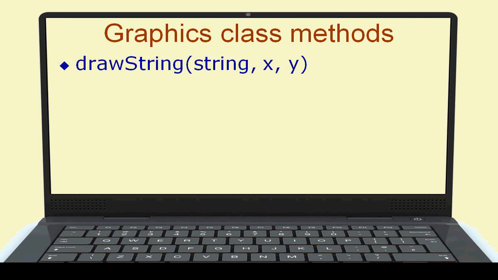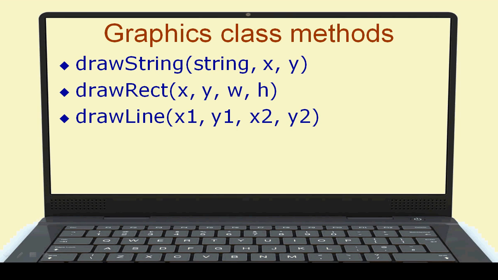The drawString method displays a string at the location specified by the x and y coordinates. drawRect method draws a rectangle. x, y are the coordinates of the top left corner. w and h are the width and height. drawLine method takes 4 parameters, x1, y1 as the coordinates of the starting point, x2, y2 coordinates of the end point. drawOval also takes 4 parameters, x, y are the coordinates of the top left corner, r1, r2 are the x and y radius.